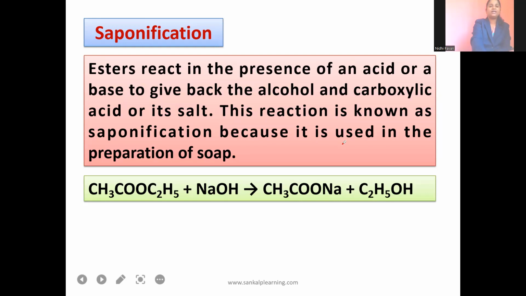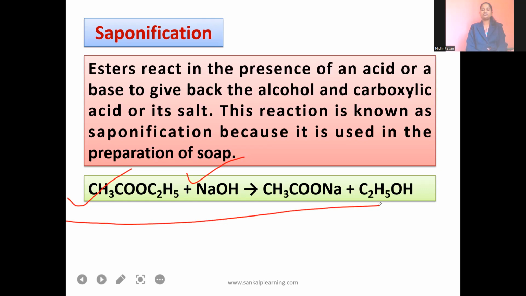Here you can see the ester reacting with sodium hydroxide; we got sodium acetate along with the formation of the alcohol. This reaction is known as saponification. Why? Because this is used to prepare soap.